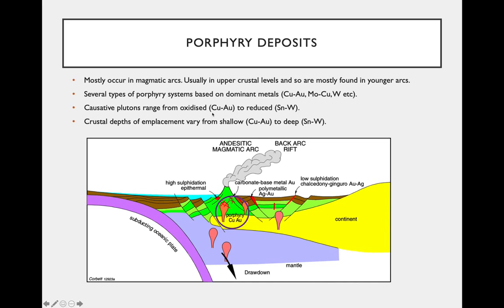Here we can concentrate copper to late stages, whereas in these reduced systems, copper and the sulfides can form very early on, whereas tin and tungsten form predominantly as oxides, and they are left to the late stages and concentrate in those systems. So it's relatively distinct processes.